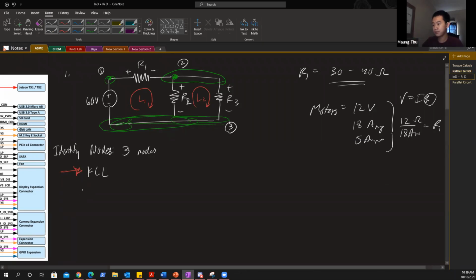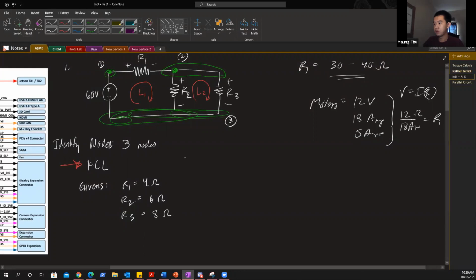So here are the givens. Your givens are resistance 1 is 4 ohms, resistance 2 is 6 ohms, resistance 3 is 8 ohms. All right.